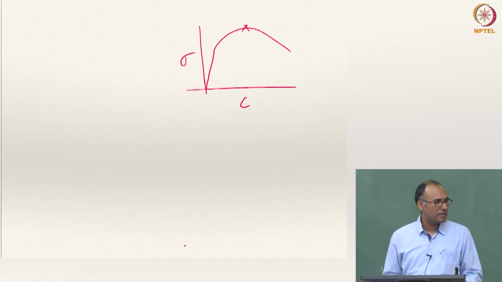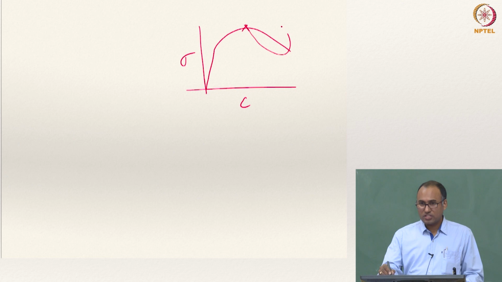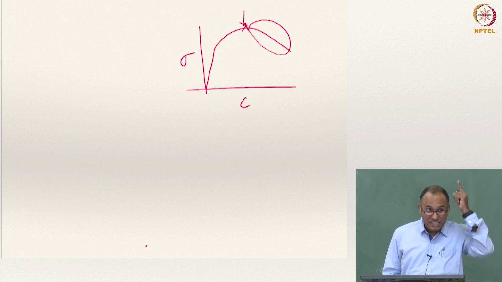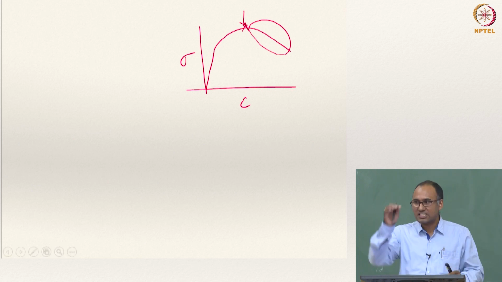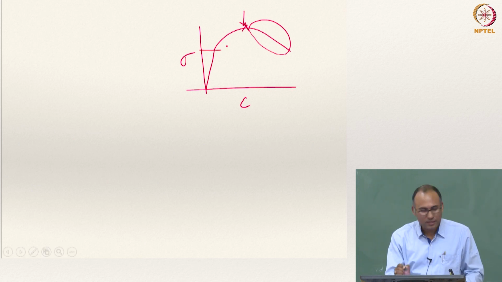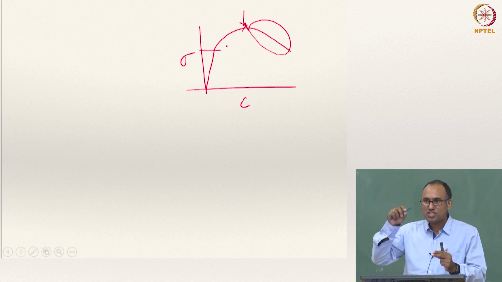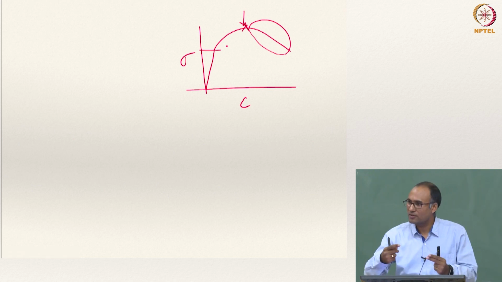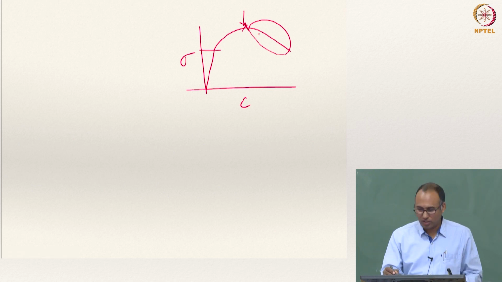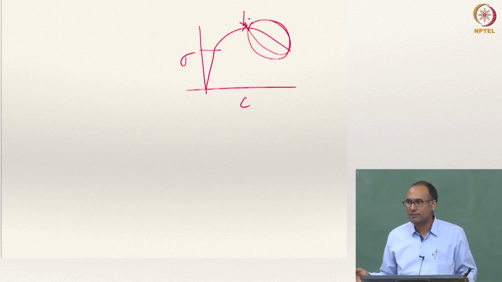That is the onset of necking. This is the process during which necking evolves, but the onset happens here. Necking is not progressing here, it has just started, like the point where plastic deformation started but did not progress. Similarly, necking started but did not progress. This is where necking is progressing.